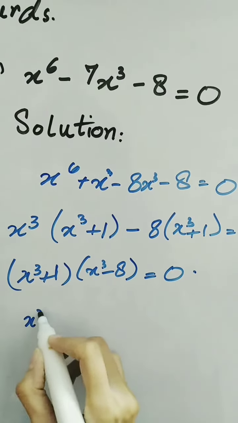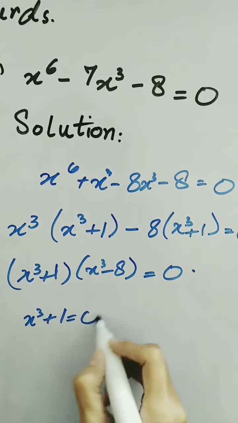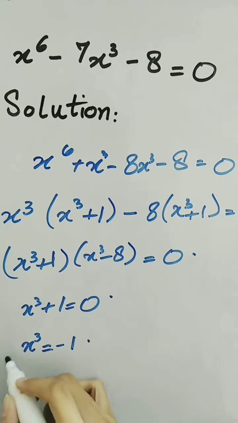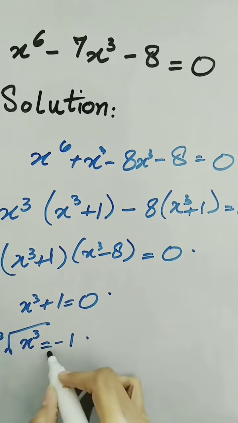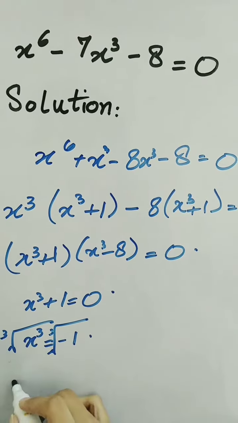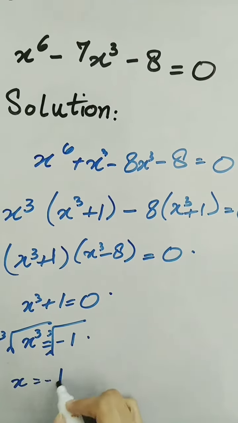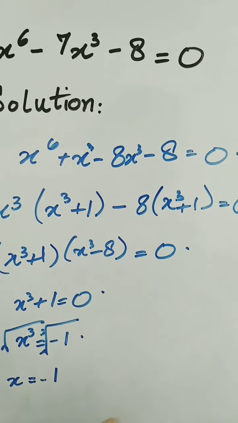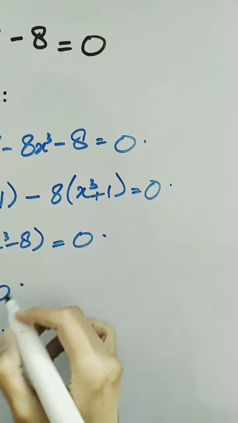First we take x cube plus 1 is equal to 0. So it becomes x cube is equal to minus 1, and if we take the cube root of minus 1, it still comes out as minus 1, as minus 1 into minus 1 into minus 1 is equal to minus 1.